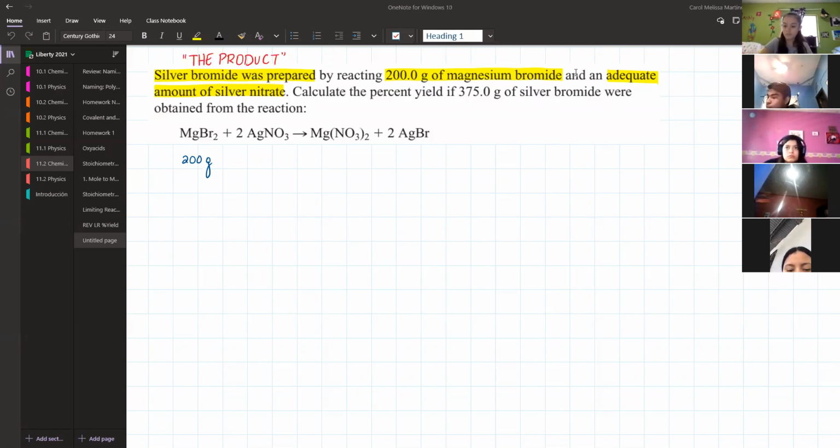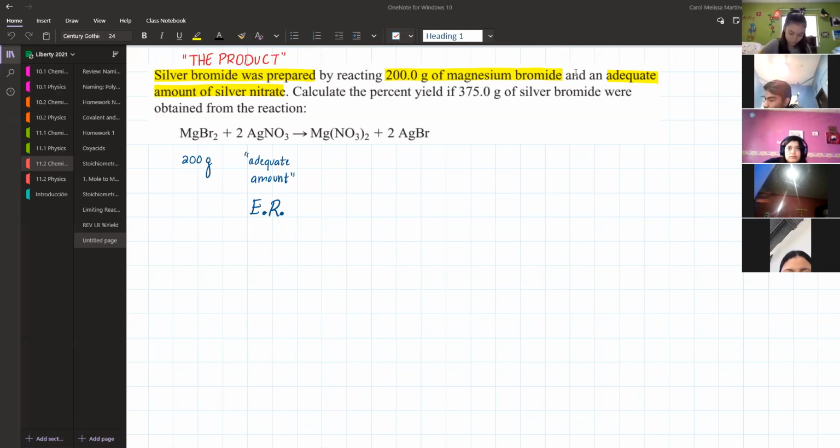So the problem tells you adequate amount. In other words, that means that silver nitrate is the excess reactant. It's just another way to specify that silver nitrate is the excess reactant.